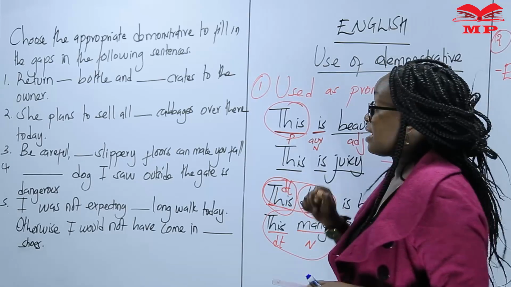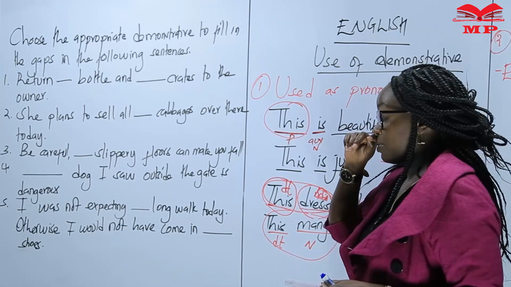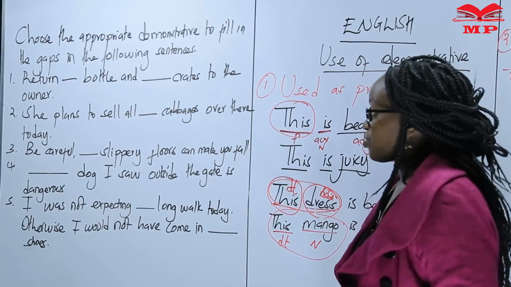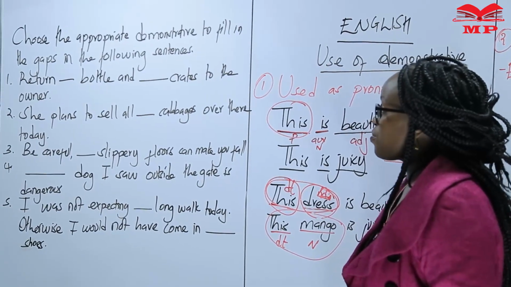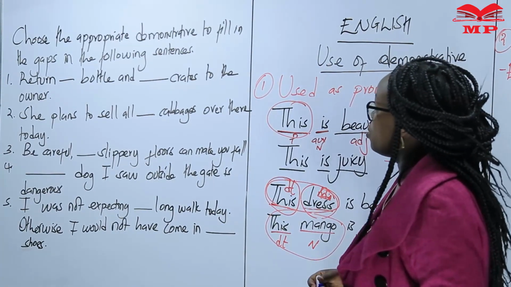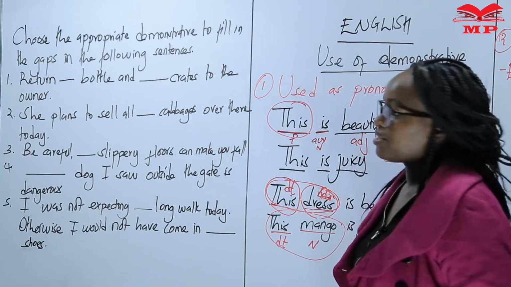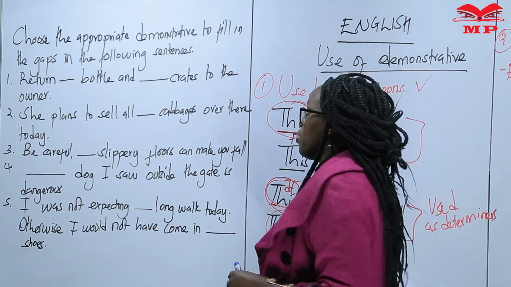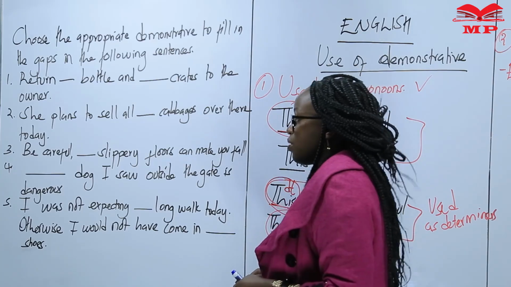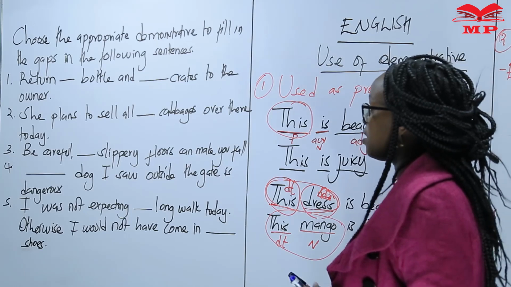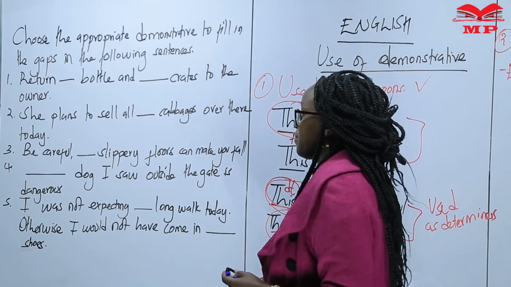That is the assignment. I'm just going to read through the instructions to make sure that you've written the correct thing. The instructions to the exercise: choose the appropriate demonstrative to fill in the gaps in the following sentences. The first sentence: return dash bottle and dash crates to the owner. Number 2, she plans to sell all dash cabbages over there today.